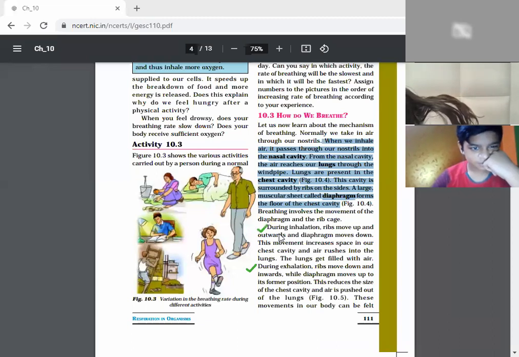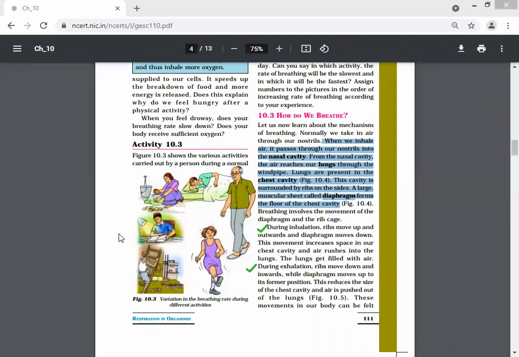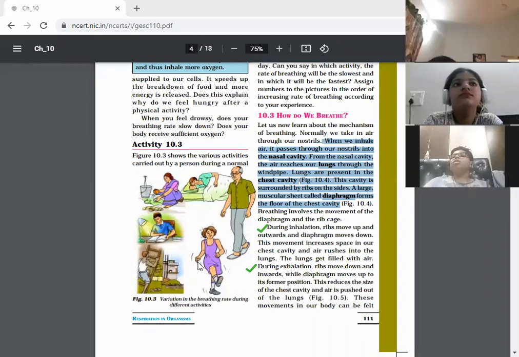I just want to give you one activity. Breathe in. Take a long breath, each one of you. See what happens. Now, side by side, you have to read. Ribs move up. Does it happen? And outward. And the diaphragm moves down. So, children, kindly underline this.